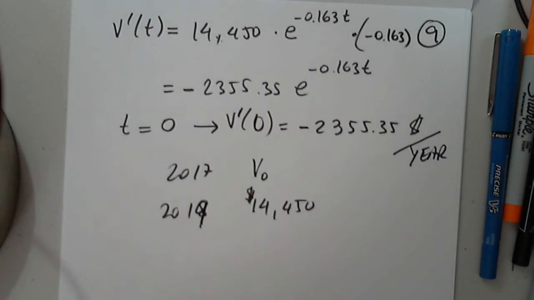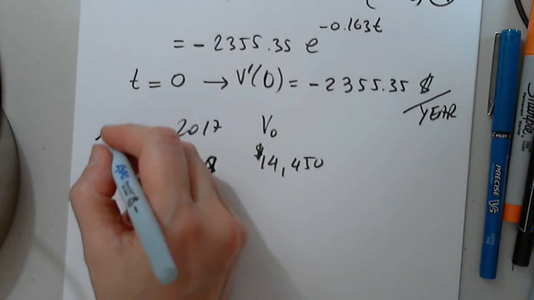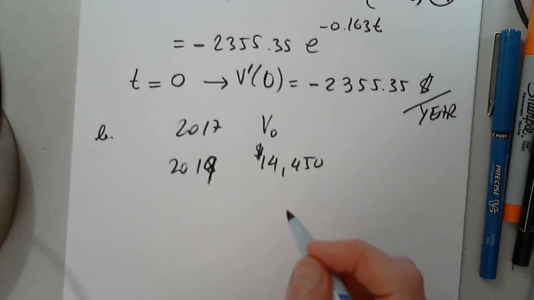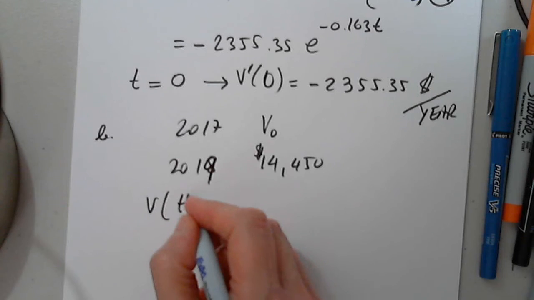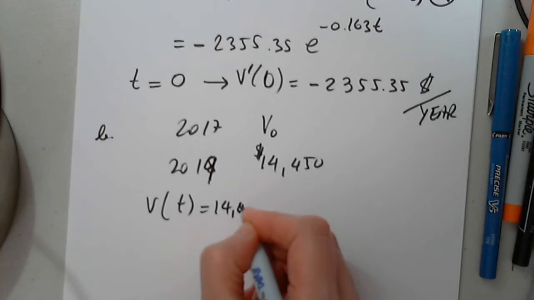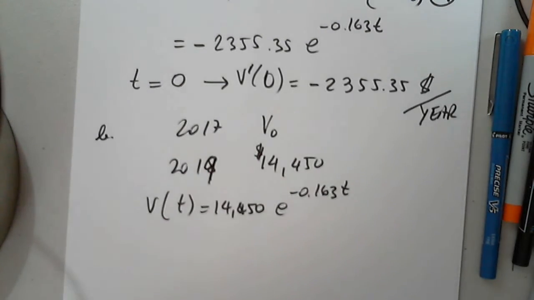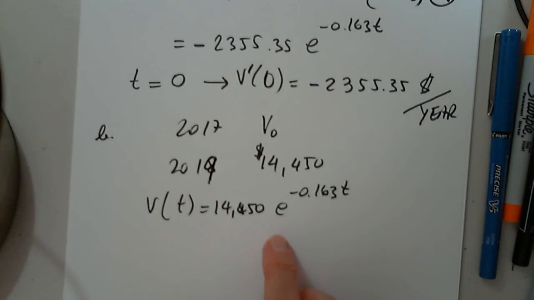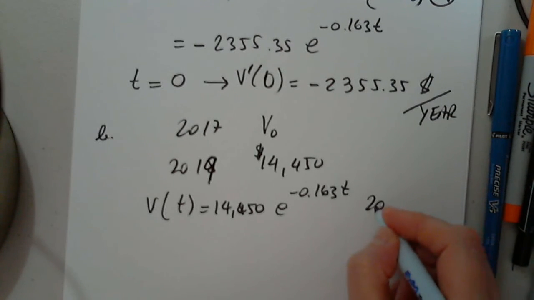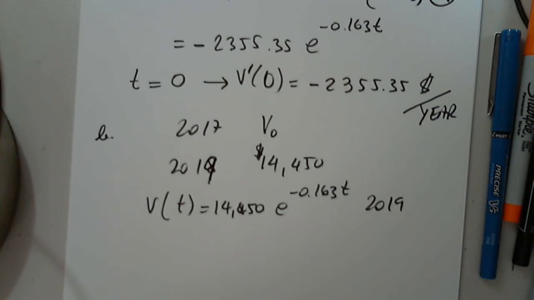So now part B. Let me write part B here. So they want us to find the value. So we have the function v of t equals 14,450 e to negative 0.163t, but they told us that this function starts in 2019. And the model is after 2019.